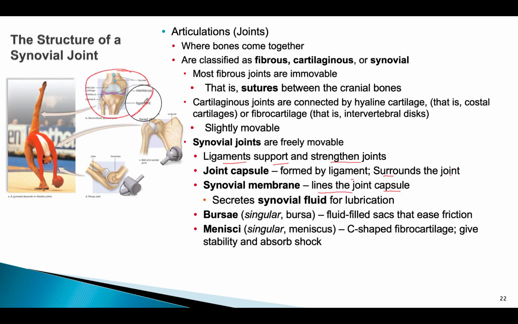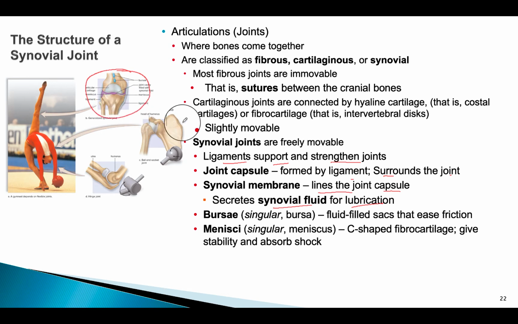Think of it as you have the ligament, underneath it you have the joint capsule, and underneath that you have the synovial membrane. This synovial membrane is very important because it is the one that secretes the synovial fluid for lubrication. In here, there's a cavity that actually contains the fluid, which is going to be lubricating this knee.